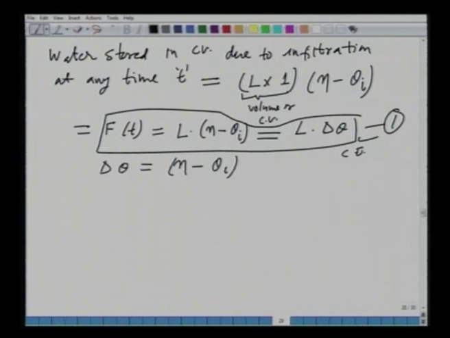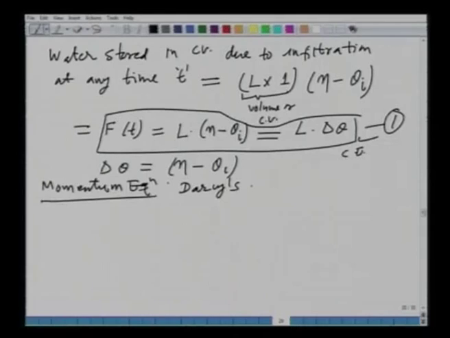Now, let us move on and write the momentum equation for this, and then we can combine the two. As we have seen earlier in the case of channel flow in the last couple of classes, and also in the groundwater flow situation, Darcy's law represents nothing but the momentum equation.